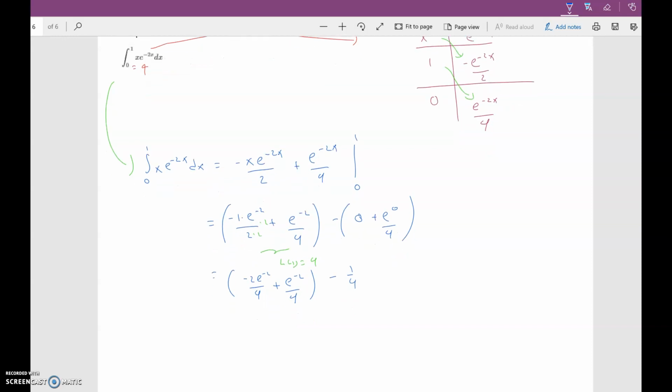So in this case, we're looking at a negative e to the negative 2 divided by 4 minus 1/4.